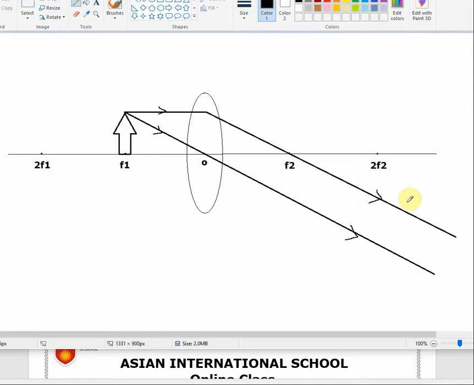Though it's not possible, mathematically if you go to infinity and measure the distance of the image from the optical center, that will be infinity, so it's a highly enlarged image. So the characteristics are: real image, highly enlarged, formed at infinity, and inverted. Now let's check the last one.